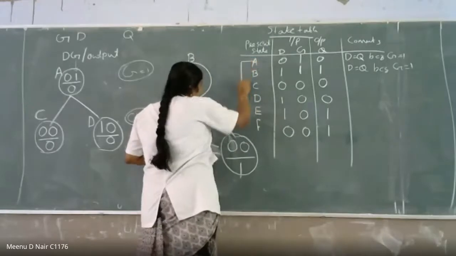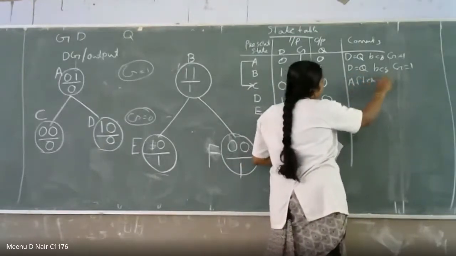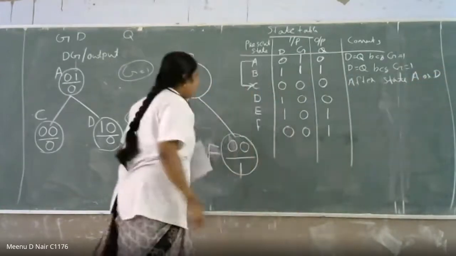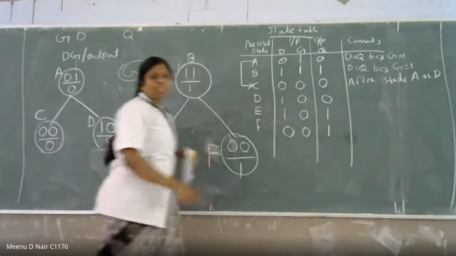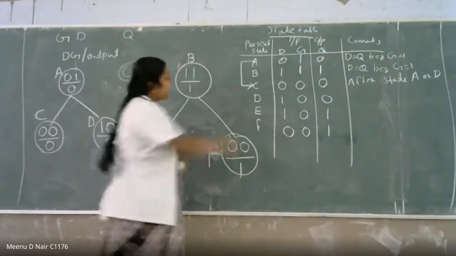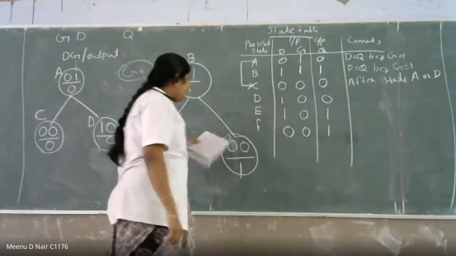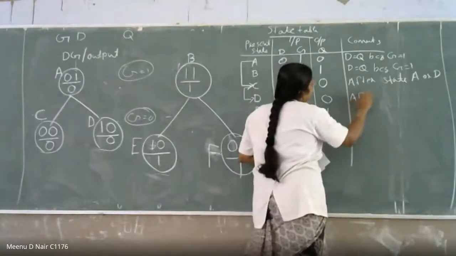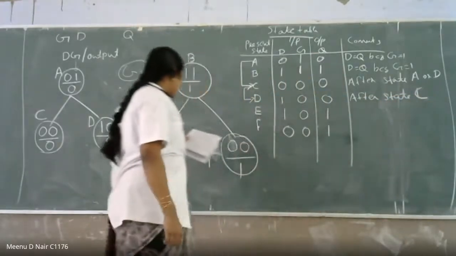So A to C or D to C, both conditions are possible. So C comes after the state A or D. Then what about D? D comes after the state C, right?